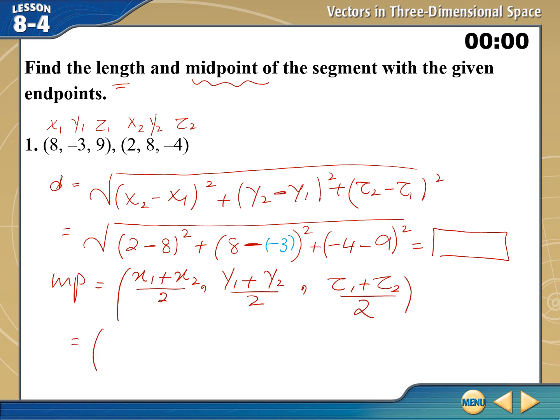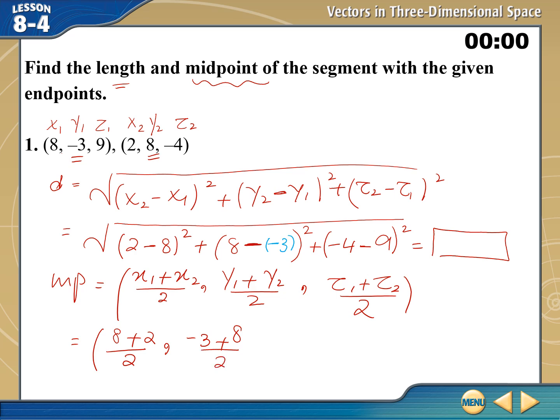So x1 is 8 plus x2 is 2, divided by 2, comma, y1 is negative 3 plus y2 is 8, divided by 2.